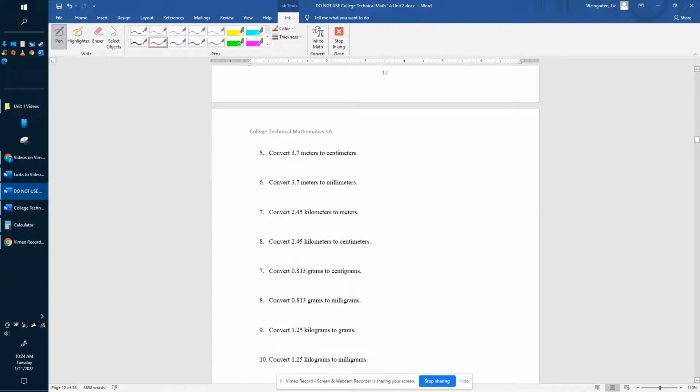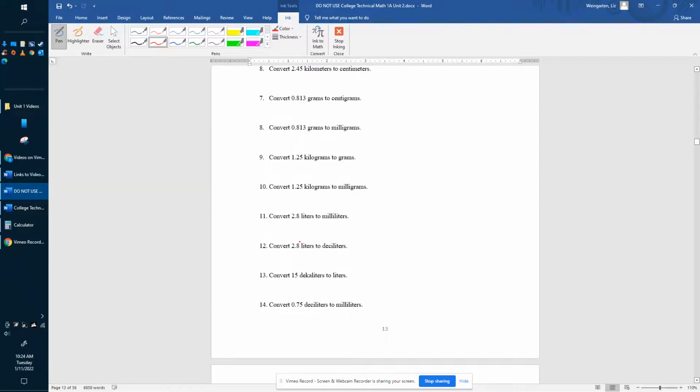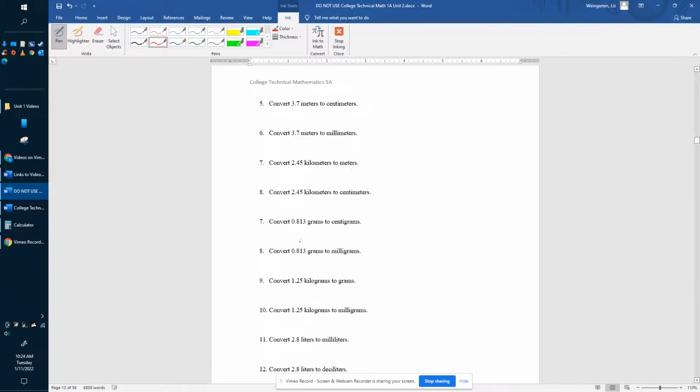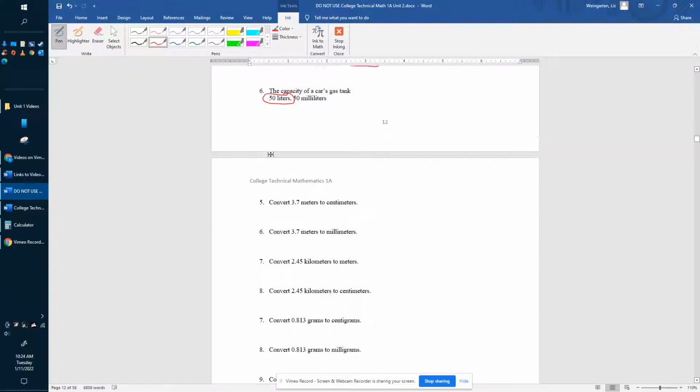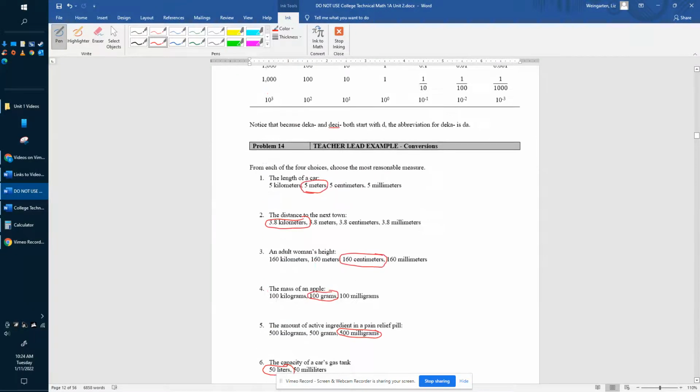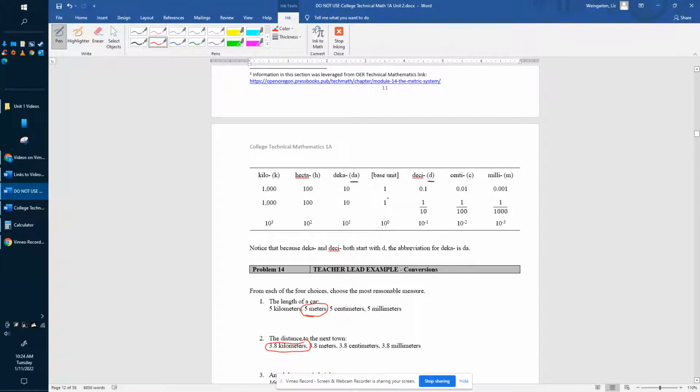Now let's look at doing some actual conversions. We have a lot of conversions here to do, so let's get started. We are looking to convert 3.7 meters to centimeters. So we are in our base unit of meters.